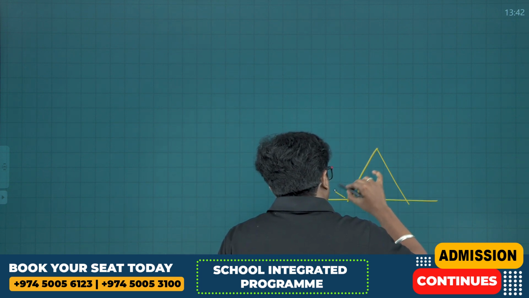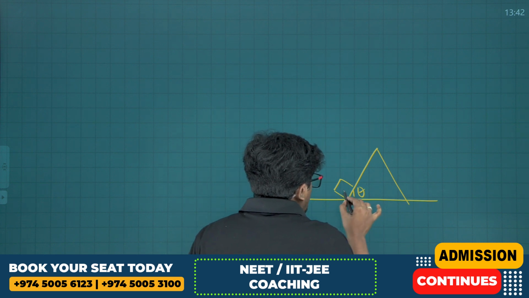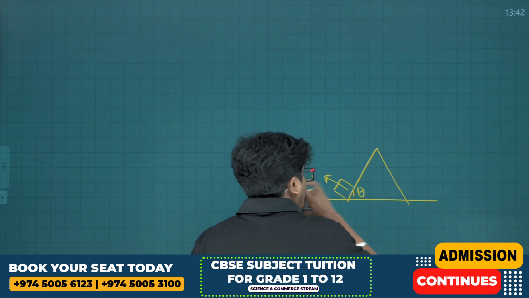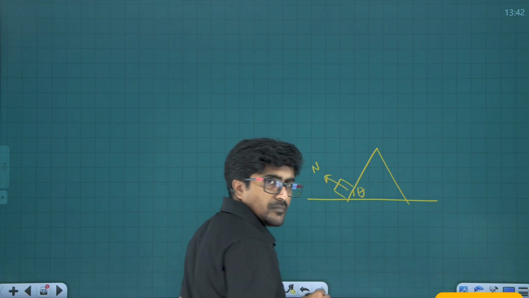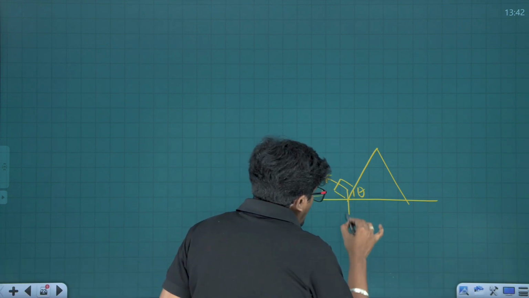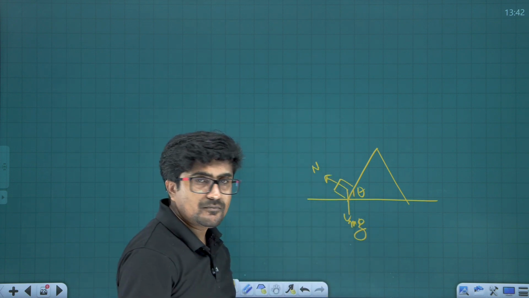So if I understand this upward motion first, of course you all know the forces acting over here. Normal reaction N is going to be in the upward direction, and m into g is going to be in the downward direction.